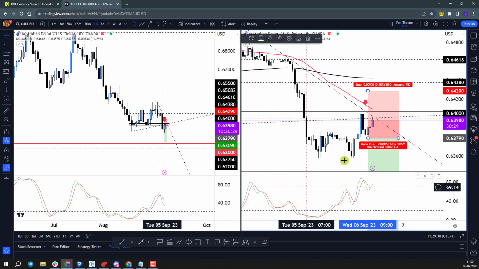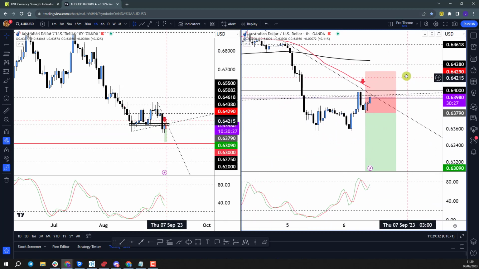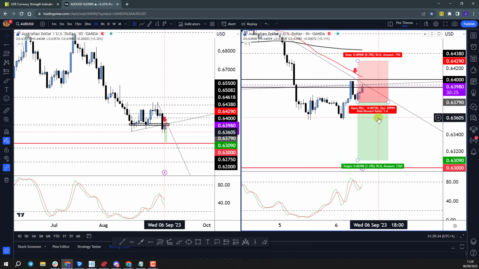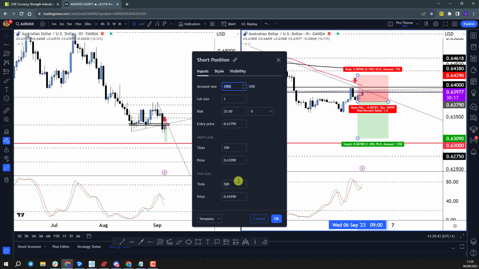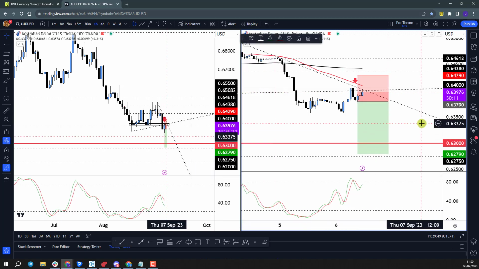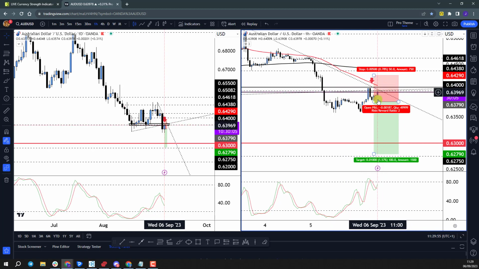Okay, so that's the kind of area that I'm looking for. That alone is a 1.4 reward. If we were to extend it down to our full target, which would be the 62.79, the 100 pips, that is a 2-to-1 reward to risk ratio. So I would like the idea of that.